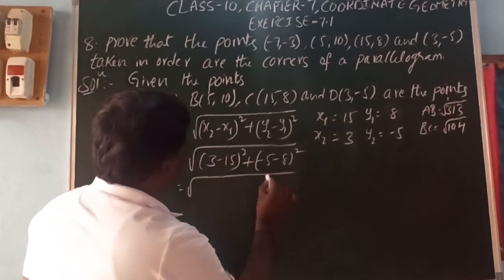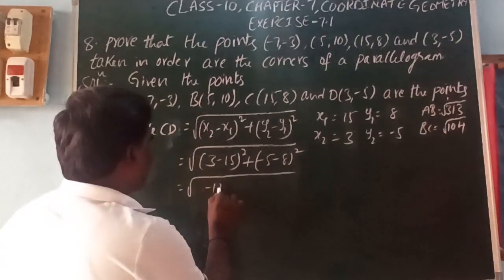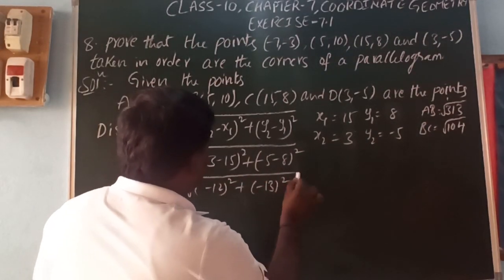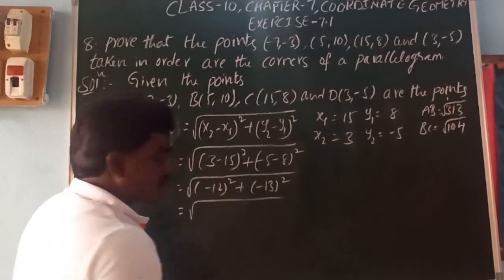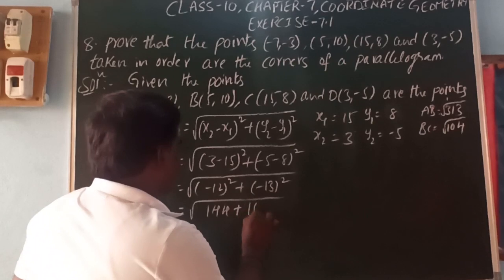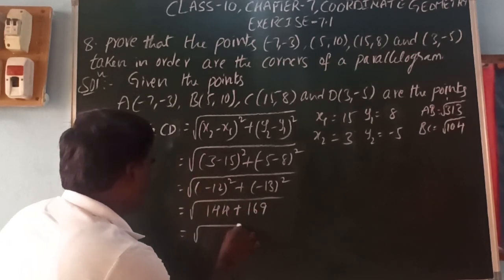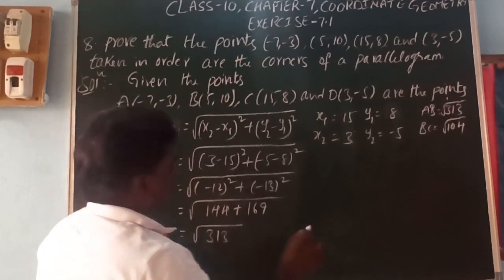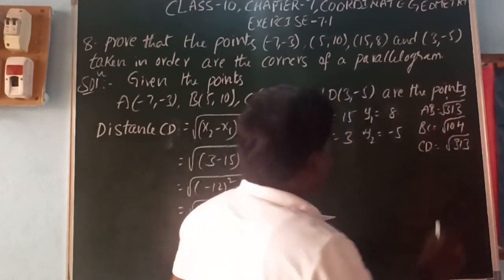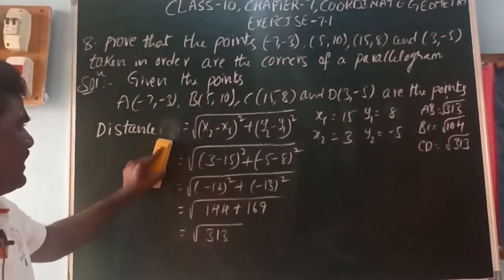The square root of (-12) whole square, that is 144, plus (-13) whole square, that is 169. So the square root of 313. So the distance CD is square root of 313.